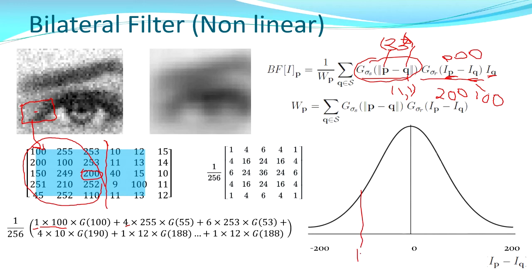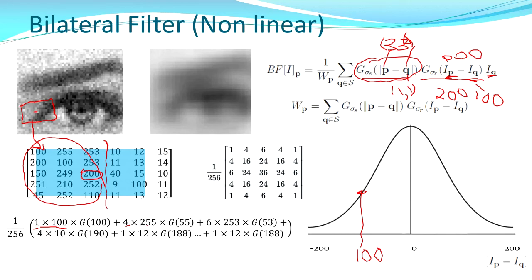This value is going to come over here, G of 100. You can see that 200 minus 100 is a huge distance, that is 100. So this particular weight is going to get multiplied over here.